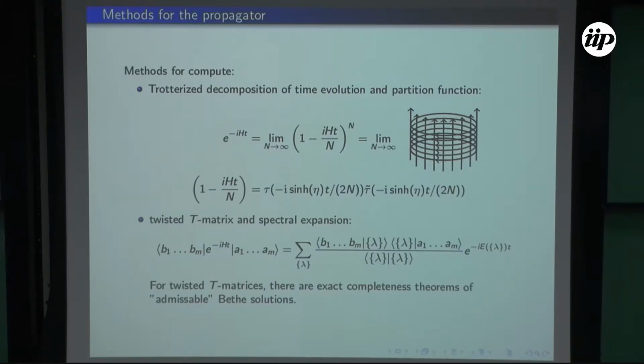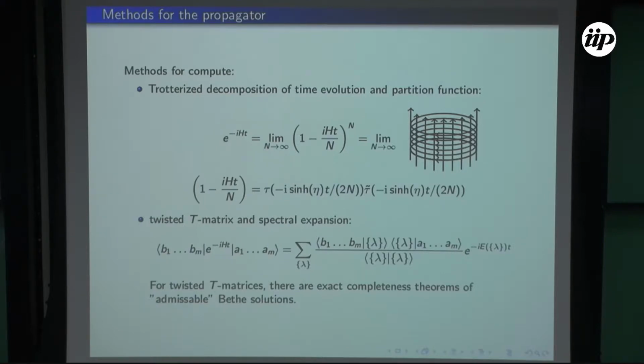What is important here is that you have to expand over a complete system, and that can be done for this twisted transfer matrix, which is a little modification of the normal transfer matrix, because for that case there are known theorems about the completeness of Bethe vectors. So you do this in the twisted case, and then with the twist parameter you go to 1. I mean, you go back to your original untwisted case.